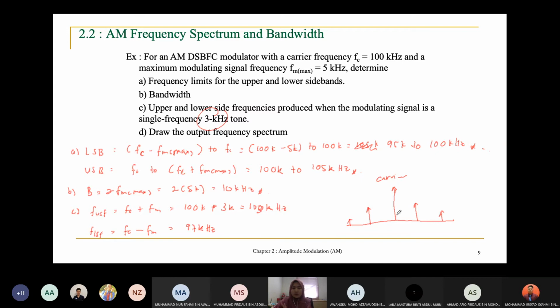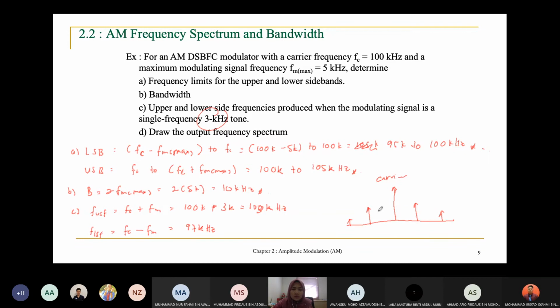Usually we only have three signals: FUSF, the carrier signal, and FLSF. But since in this question you have been given two frequencies, the first one is Fm max and the second one is Fm equals 3K, you need to draw both signals.